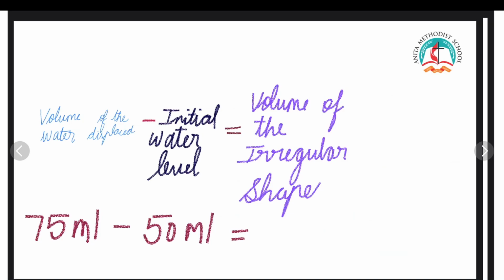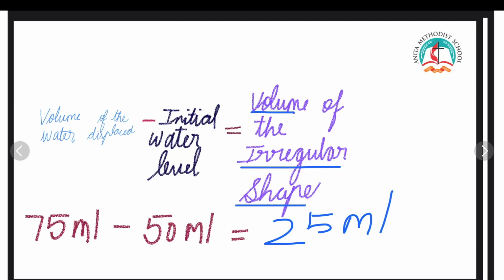So 75 ml was the final level of water and 50 ml was the initial level of water, and then what will we get when we subtract both? Yes, very good. 25 ml of water. So the volume of the irregular shape is 25 ml.